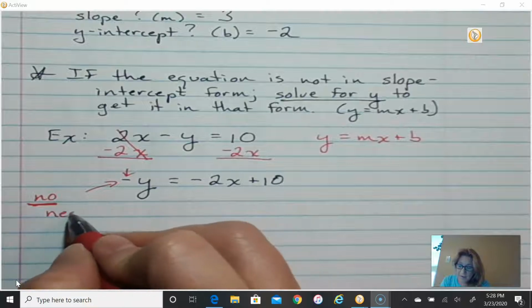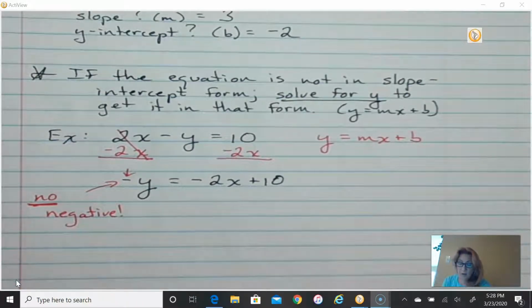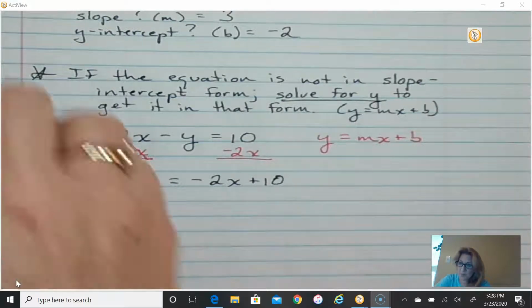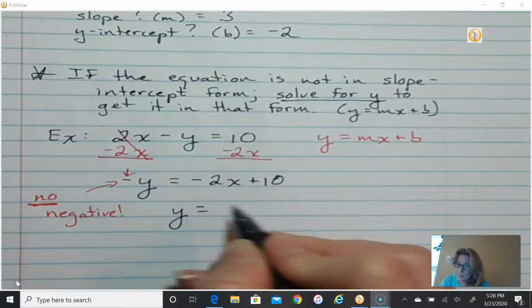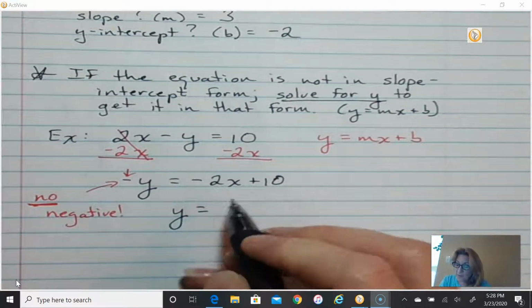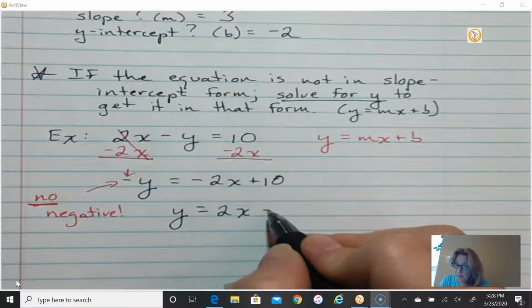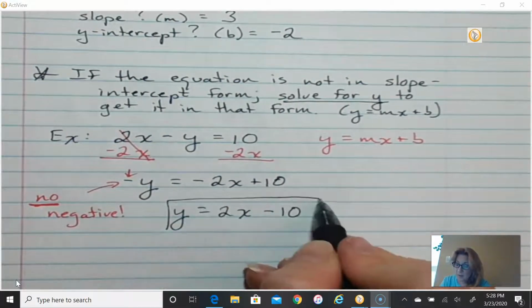No negative there. So what happens is, whoops, I take that negative away. This negative 2x becomes positive 2x. That positive becomes negative 10. And there's your equation.